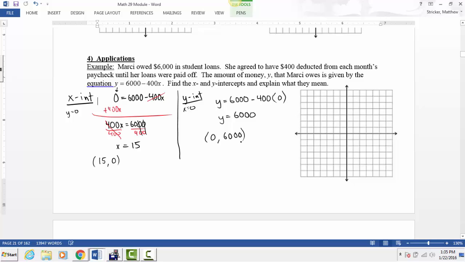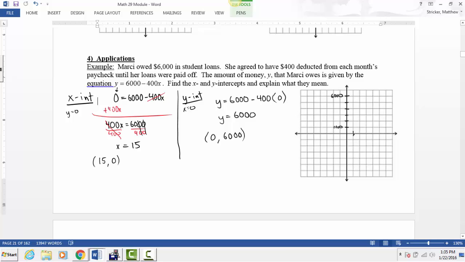So if we put that on the graph, let's treat these each as 1,000. So that's 1,000, 2,000, 3,000, 4,000, 5,000, 6,000. And then let's go by 5.